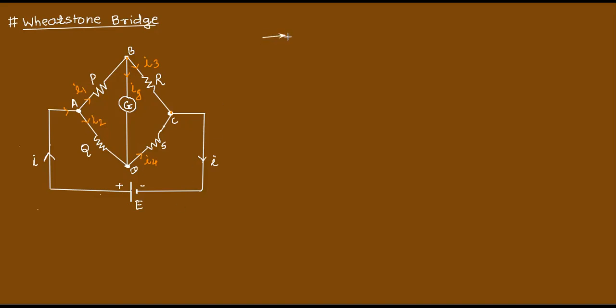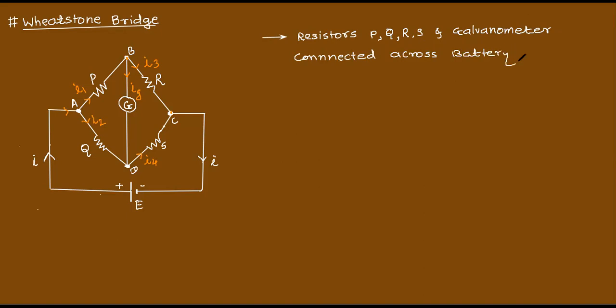So what we have connected here: resistors P, Q, R, S and galvanometer connected across a battery of EMF capital E, as shown in the figure.